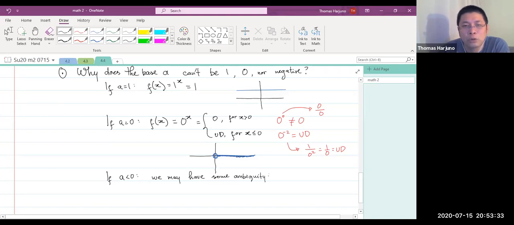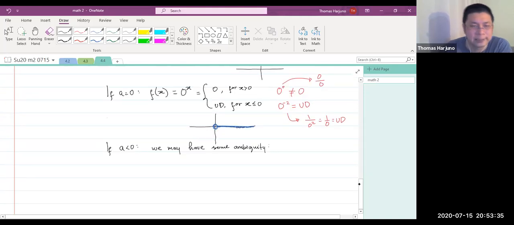It has something to do with what we call well-definedness. For example, if I use the base to be, let's say a equals negative 16.